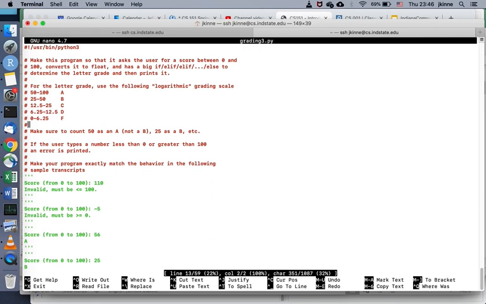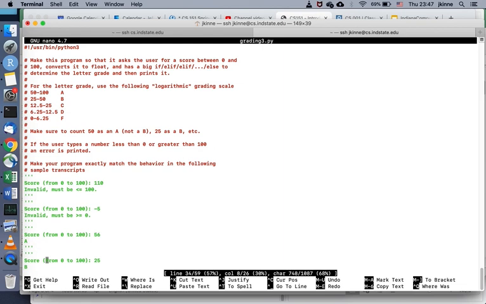Okay, so the sample transcripts are here. You have an input statement that asks for a number. If they put something that's bigger than 100 or less than 0, it says invalid. So if they type something too big, it says it must be less than or equal to 100. If they put something that's too small, it says it has to be at least 0. Okay, so there's some ifs to check the number, if it's too big or too small.